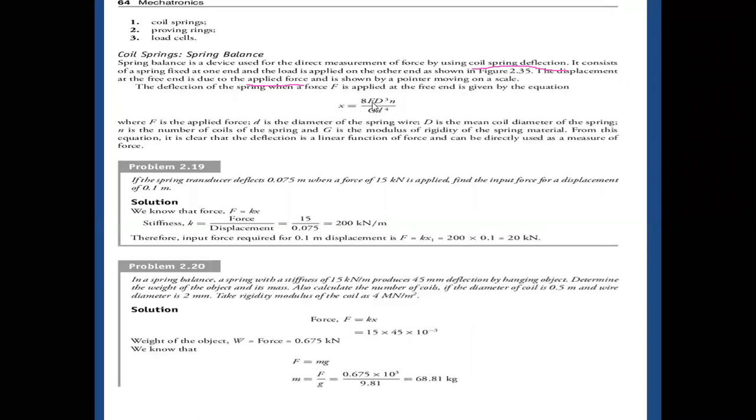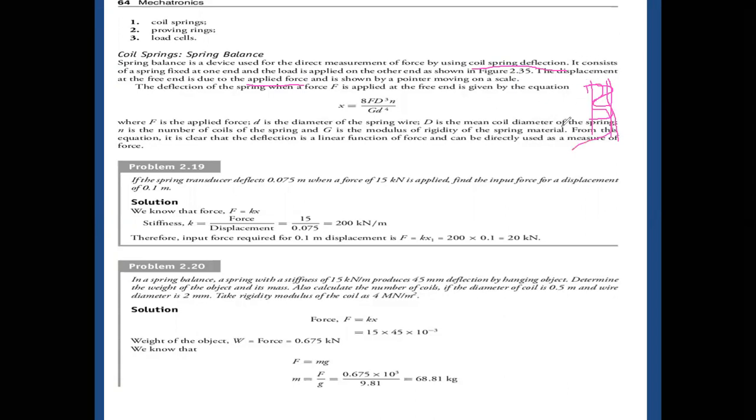F is the force, and capital D is the mean coil diameter. The mean coil diameter of the spring is, if the spring looks like this, the mean circle between the internal and external diameters. So by considering the mean coil diameter, the spring looks like this.